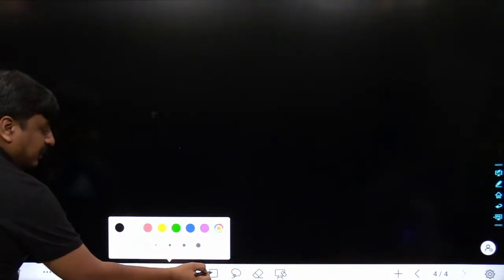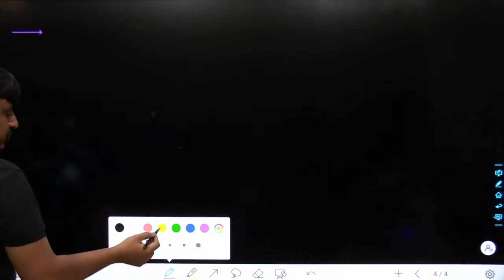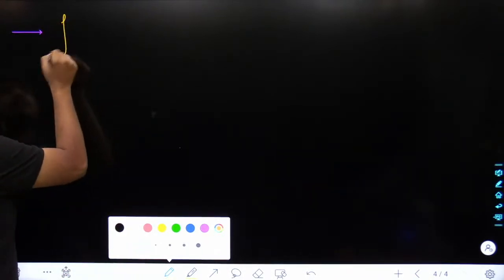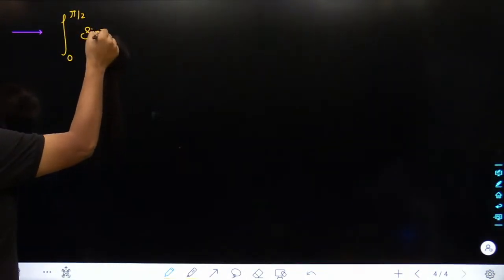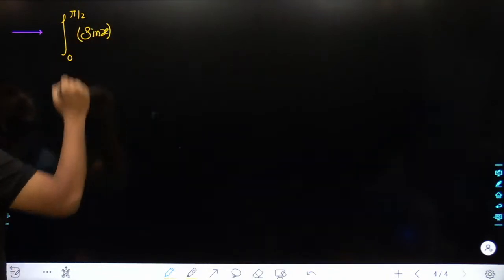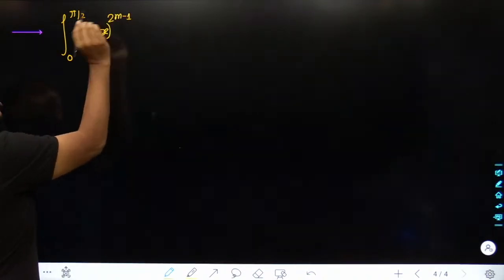So let me do one thing, let me go into the next slide, and there let me recall what was the rephrase of the integration. It was integration from 0 to pi by 2, and here we had sine t can be written as sine x from the important properties followed by the definite integral, raised to the power of 2m minus 1.